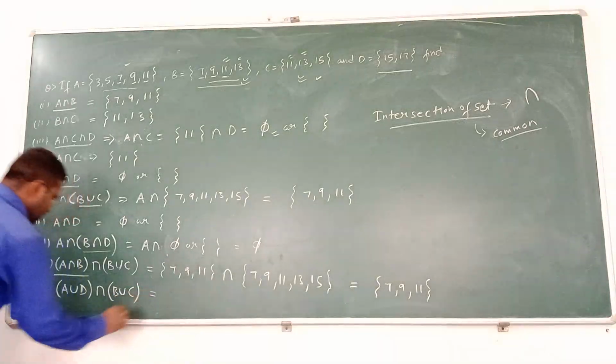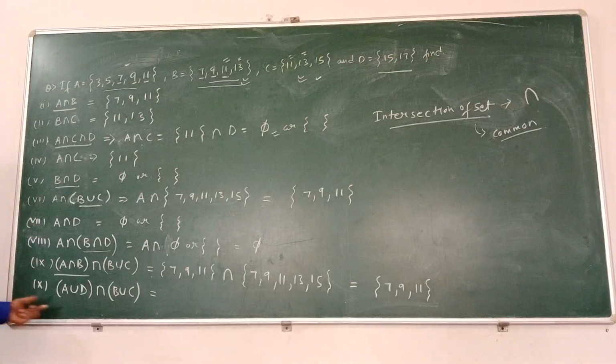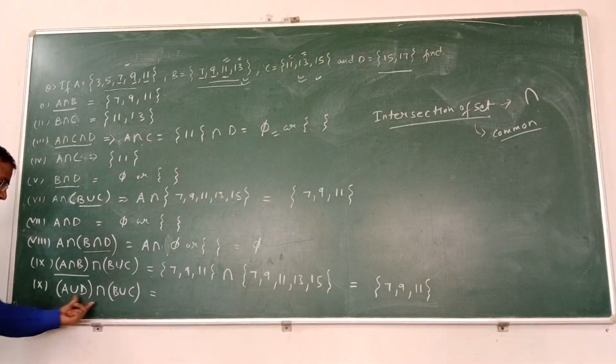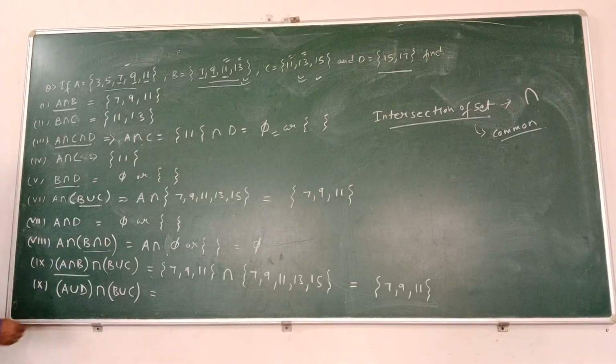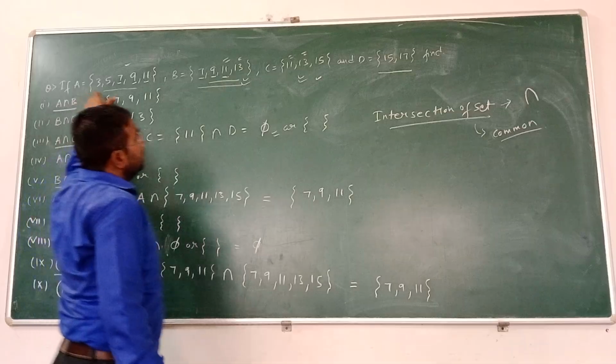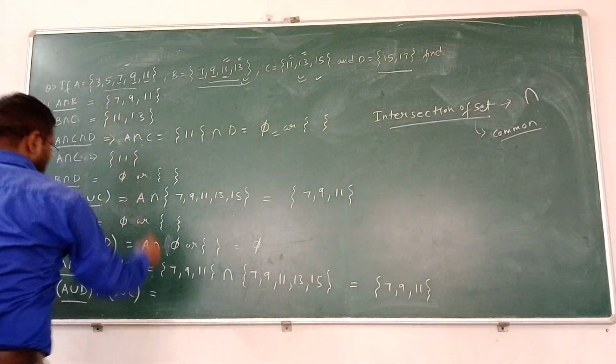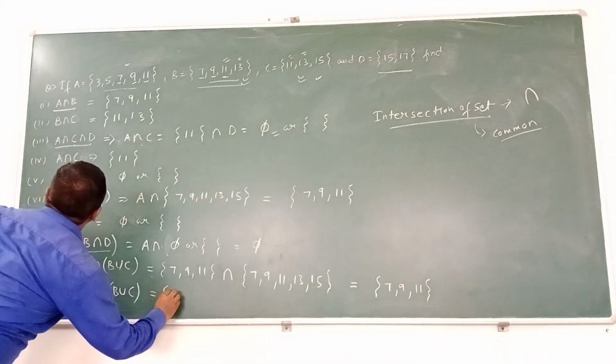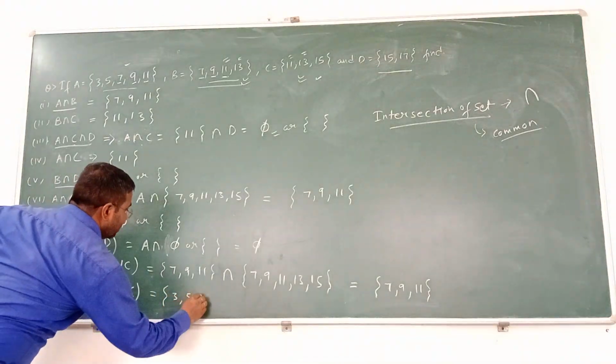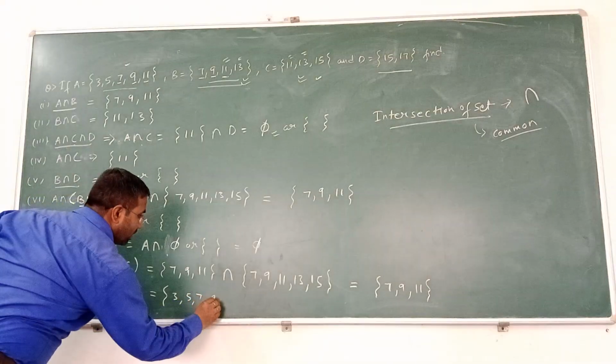Okay, now see the next one. Now you have to write the intersection of A union D and B union C. So first of all you will write A union D. So see here, nothing is common, so write down A union D. This is the A set, so write all the elements of A: 3, 5, 7, 9, 11.